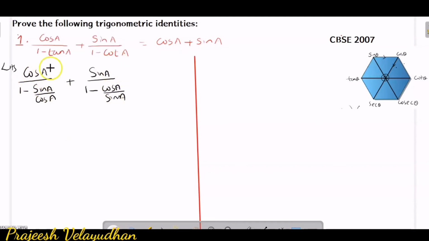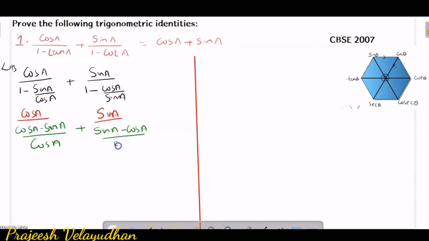So now the next step we can write cos A as it is, cos A upon cos A minus sin A upon cos A, plus similarly the next term, sin A upon sin A minus cos A upon sin A. Actually, this cos A is divided by this fraction, and similarly sin A is divided by this fraction.